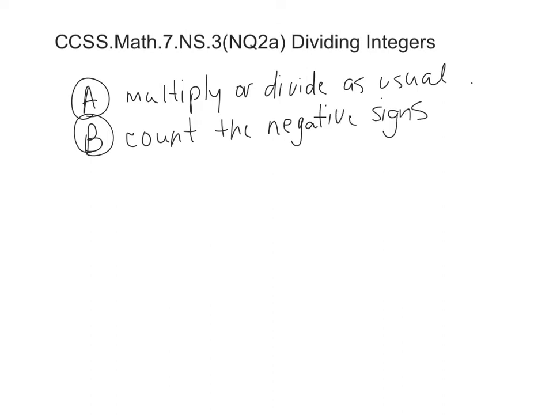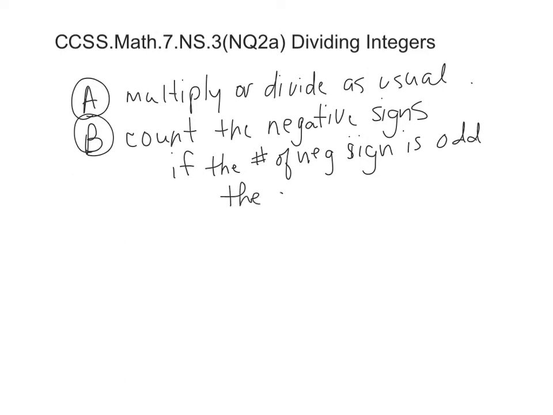Okay, so if there's 1, 3, 5, or 7, those would be odd numbers. So if the number of negative signs is odd, so like 1, 3, 5, the answer will be negative.